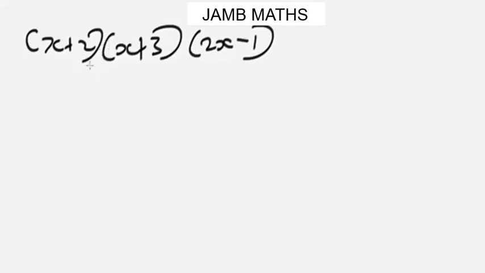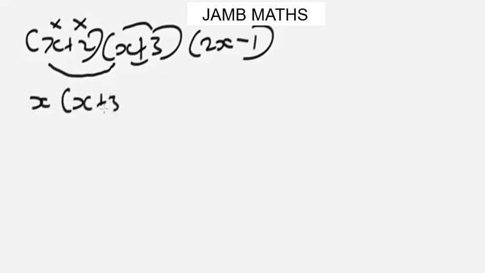Very, very simple. Firstly, you deal with the double bracket first. So simplify the double bracket first. As usual, this x will times everything here, and this number 2 also times everything here. So when you do it, you're going to have x in bracket x plus 3, plus 2 in bracket x plus 3.